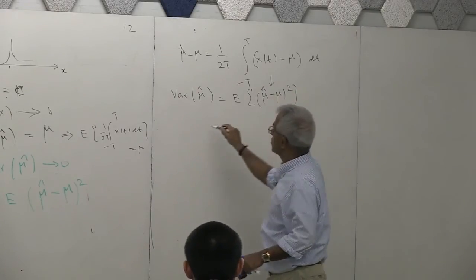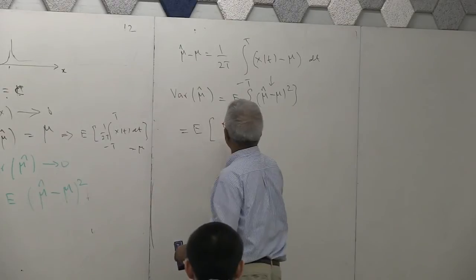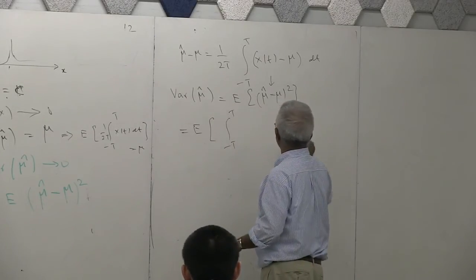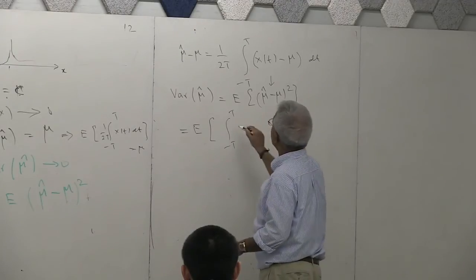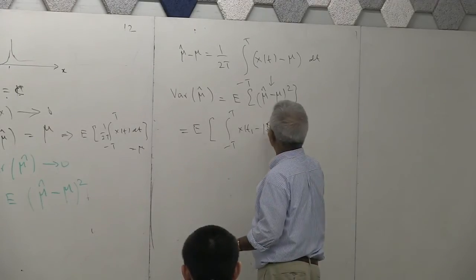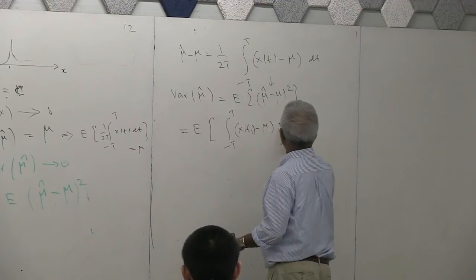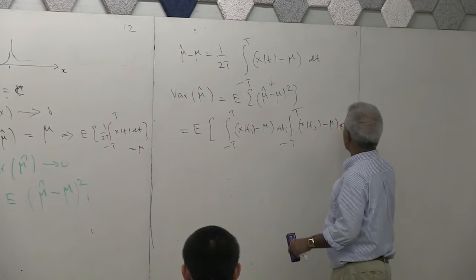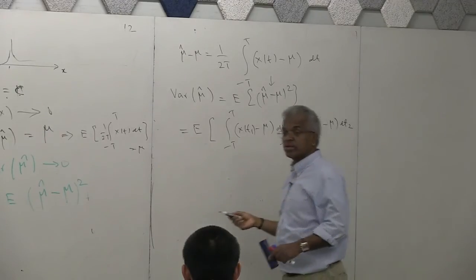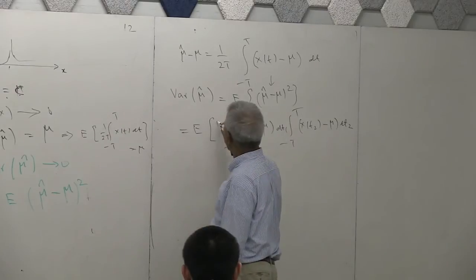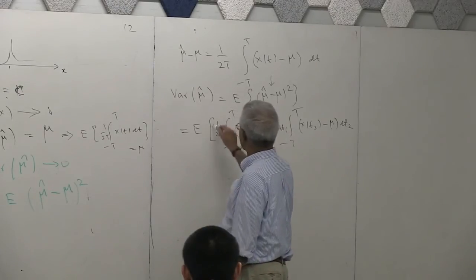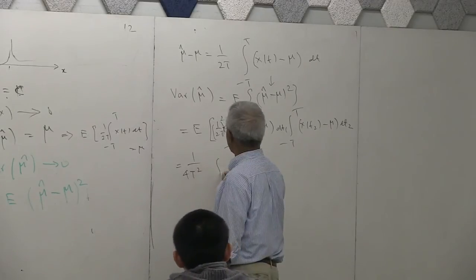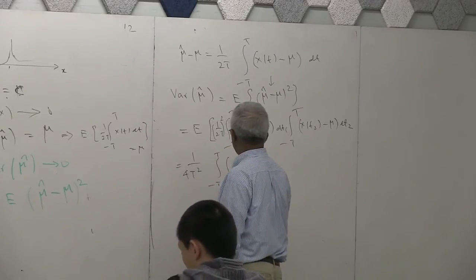Here I can substitute that integral twice, so this is two integrals, from minus T to T, minus T to T. This is x of t1 minus mu dt1, and this is x of t2 minus mu dt2, with 1 over 2T, 1 over 2T outside, so squared. This now reads 1 over 4T squared, double integral from minus T to T.